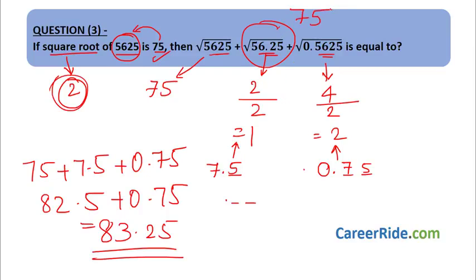Correct? Now there are 2 decimal places after the decimal point in the square. So while finding the square root, what we do is we take those 2 decimal places and we divide by 2. In cube root we will take the decimal places and divide by 3, but here we want the square root, so we will divide by 2. What we get?